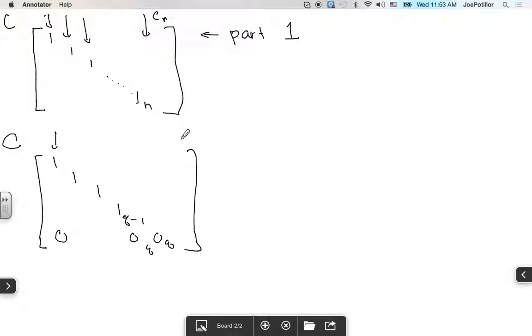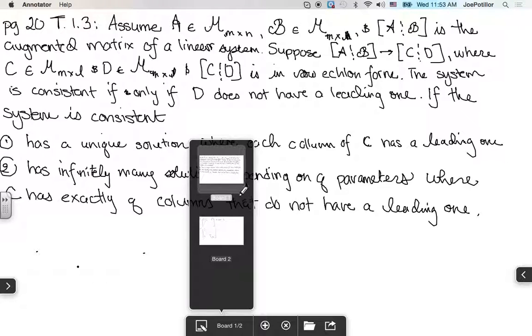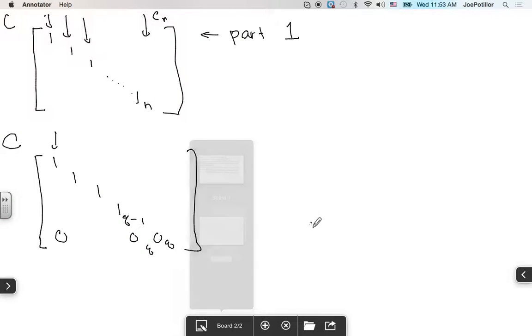What does that mean in practice? Q parameters means that I'm going to define parameters for everybody but the columns that have a leading one. This is going to be part 2.